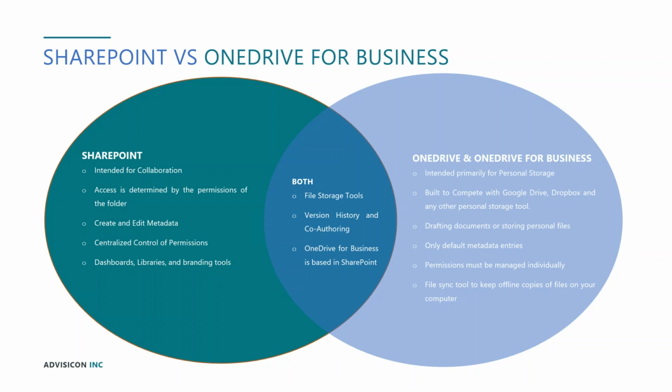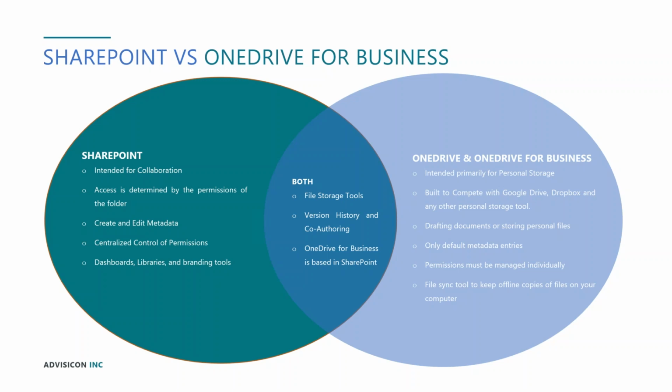When we talk about OneDrive for Business, which is the tool that comes with the corporate Office 365, it is actually using SharePoint as its data storage. So when we say OneDrive for Business or SharePoint, we're essentially talking about the same thing. There's not a huge difference there, other than OneDrive is more your personal files, and use the SharePoint folders if you are intending to collaborate with a team.